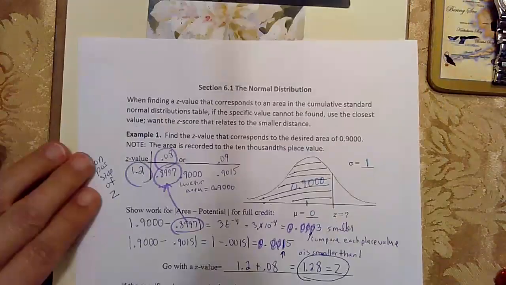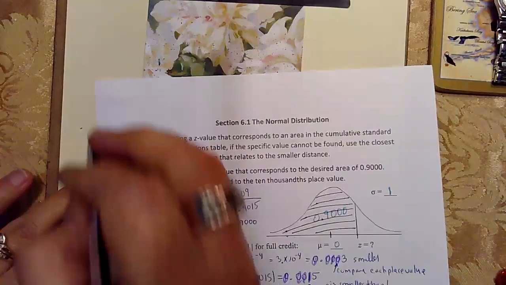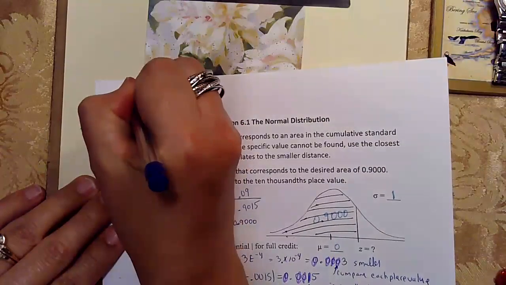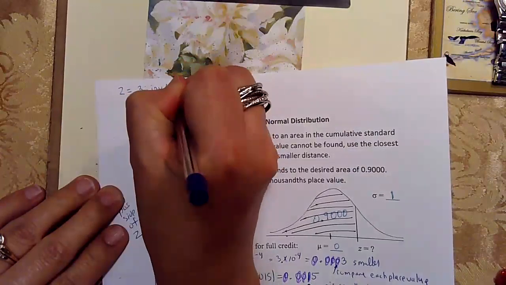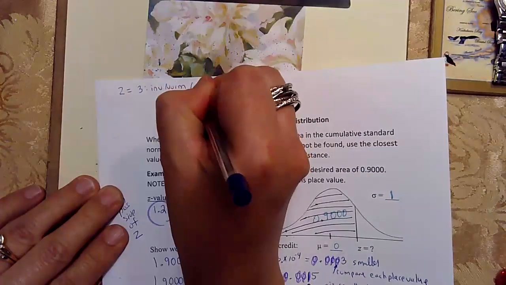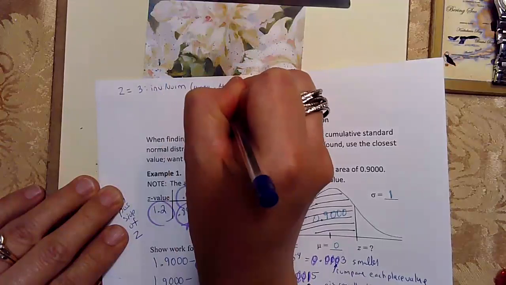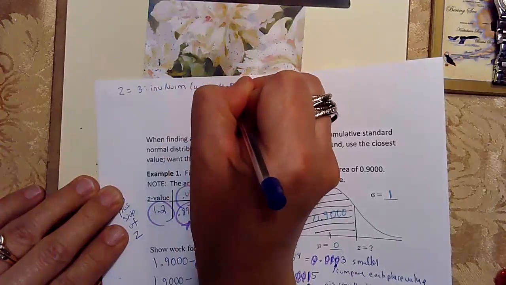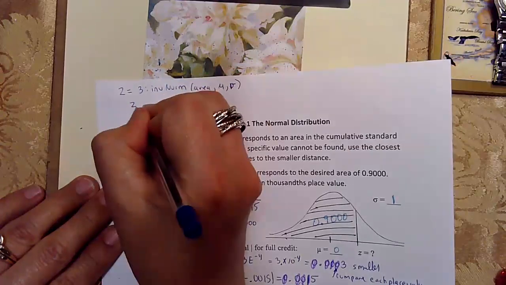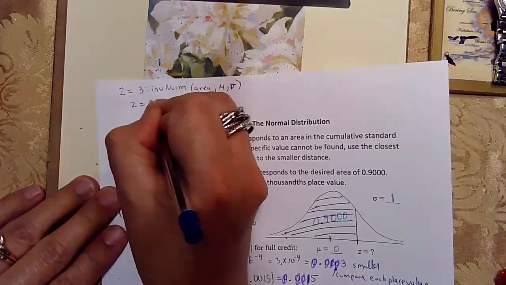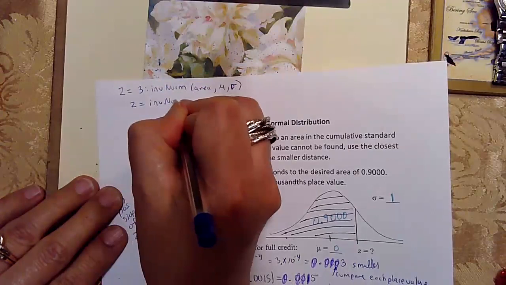So if I do that for this one, z is equal to inverse norm, area, mu and sigma. So z equals, and I'm going to do my substitutions, inverse norm.